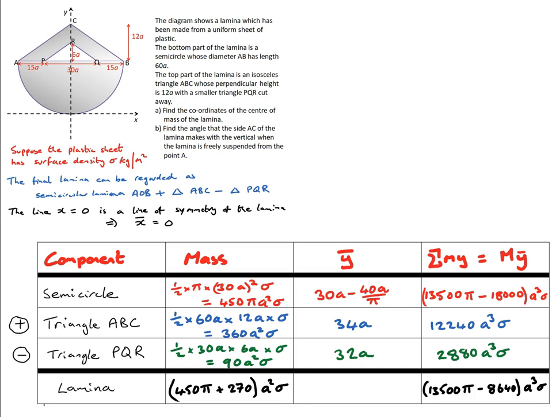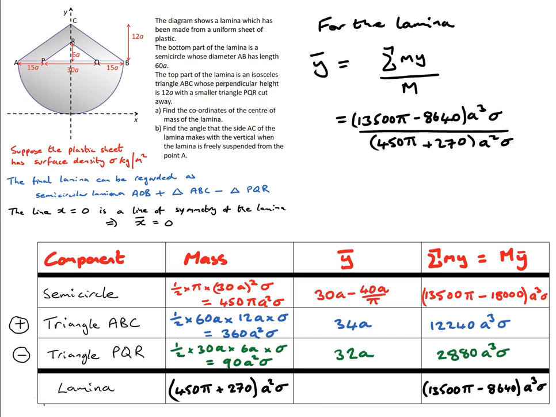So for our laminar, the y-coordinate of the centre of mass of the laminar can be found by taking the value of the sum of the my's over the whole laminar divided by the total mass of the whole laminar. The sum of the my's is (13,500 pi - 8,640) a³ sigma. The total mass of the laminar is (450 pi + 270) times a² sigma.